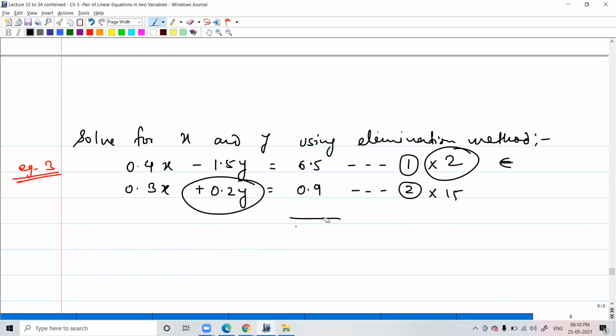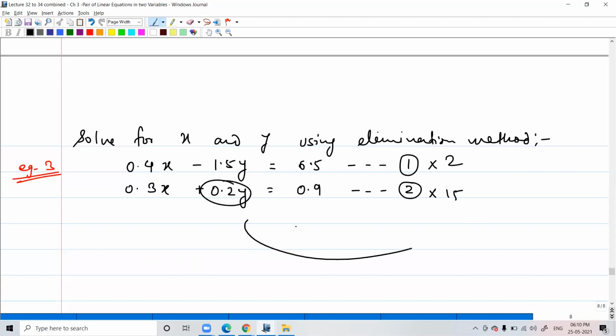It doesn't mean that when we are doing elimination, we always have to pick this number only or this number only. We can choose to pick some other numbers like this. So instead of picking 0.2, I took 2 over here. By doing that, what did I save? I saved a little bit of calculation. I did not get 2 places of decimal. And here also, instead of multiplying 1.5, I multiplied 15.